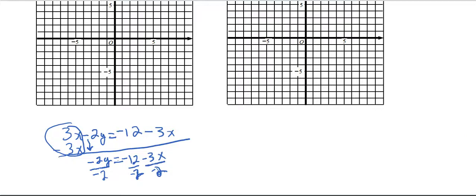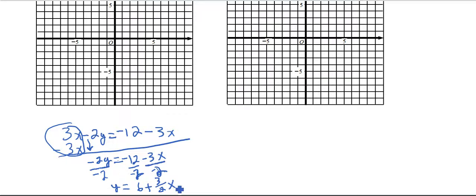And we end up with y equals, now -12 divided by -2 is +6. A negative divided by negative is going to give me a positive, so I'm going to write my plus. 3 over 2 does not reduce, that should be plus 3 over 2x.